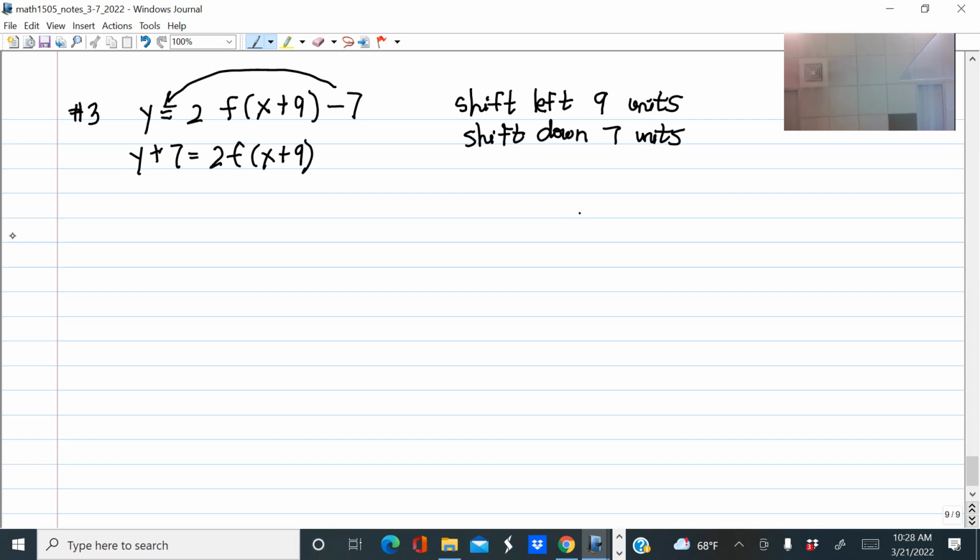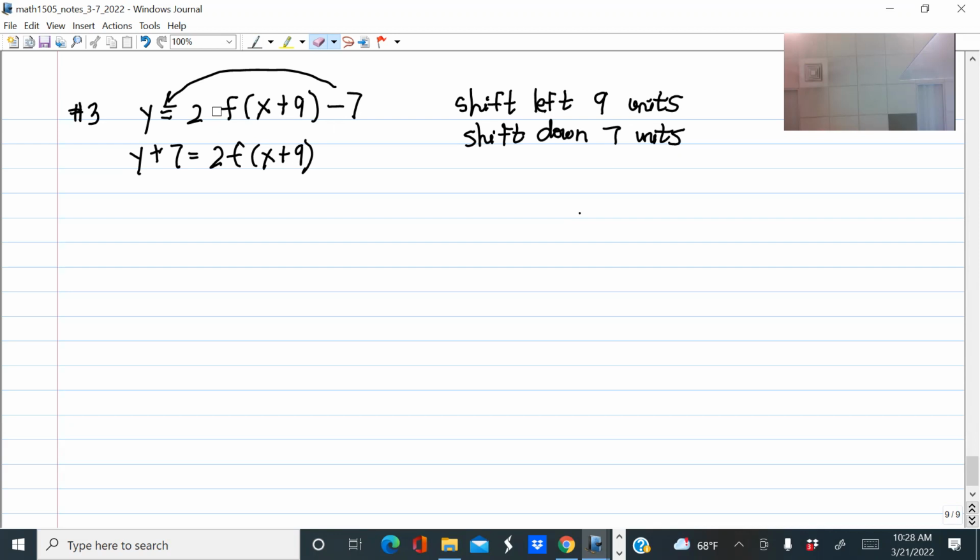Likewise with the 2, you can see here we're multiplying f by 2. So that means we're going to be amplifying the size of the graph. Since you're multiplying f by 2, that means you're going to be stretching the graph by a factor of how much? 2.